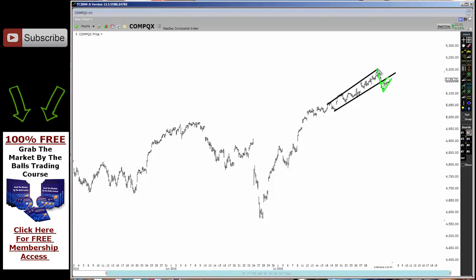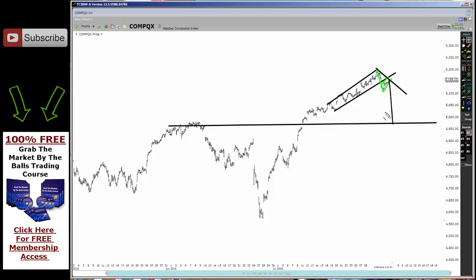If we pause here and start to break out to the downside, then we could get a drop back down towards the 4,950 to 5,000 level.